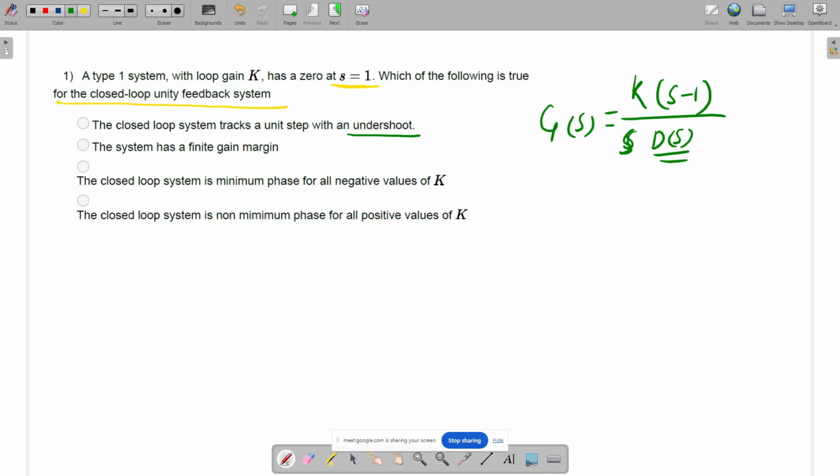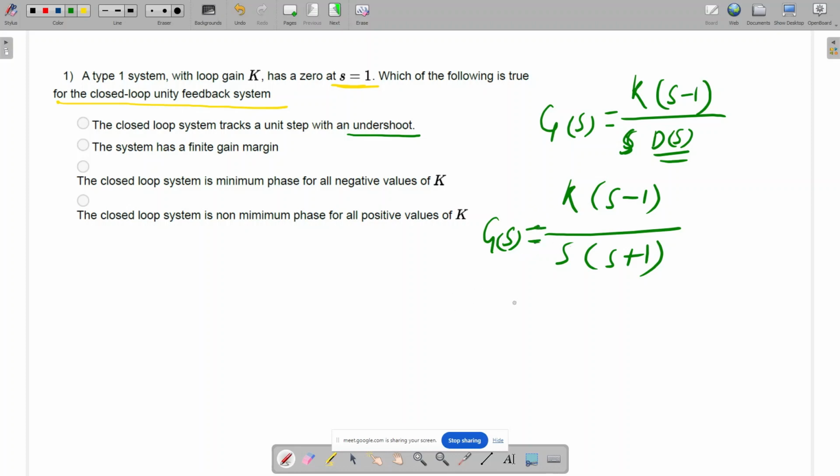Let's see. Let's say I'm taking a simple pole, any pole. So g of s is k into (s minus 1) divided by s into (s plus 1). What will be the step response for this unity feedback?